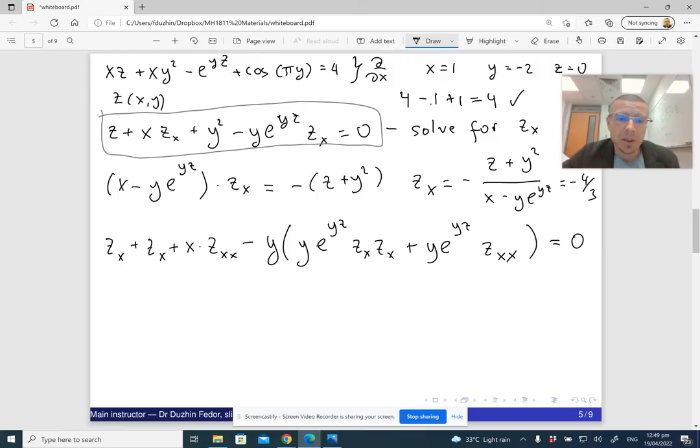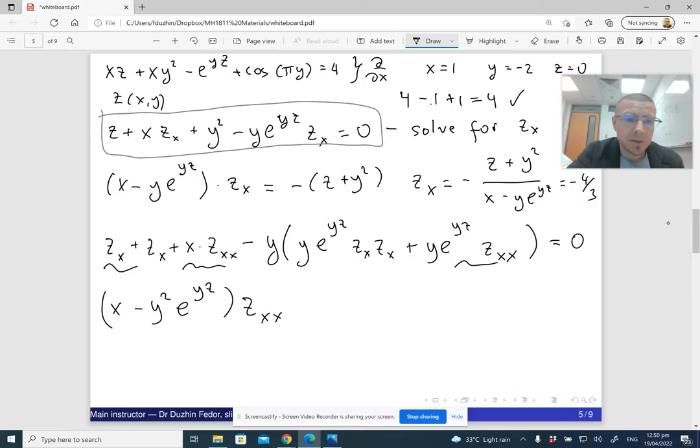Okay, so now let me collect together all the terms with z_xx. I have one here and another here. So this is x minus y squared e to the yz times z_xx. Okay, and the other terms should be moved to the right hand side.